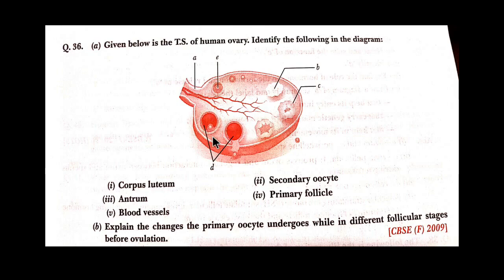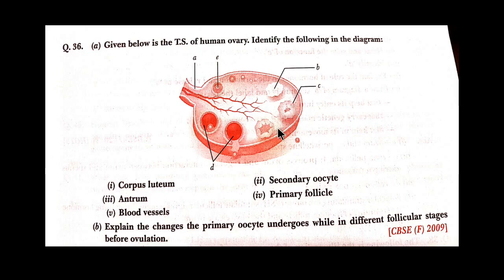Now second is the secondary oocyte, and if you remember the figure given in NCERT, this one, B1, is labeled as tertiary follicle showing antrum, and just after that there is a follicle which is labeled as Graafian follicle.